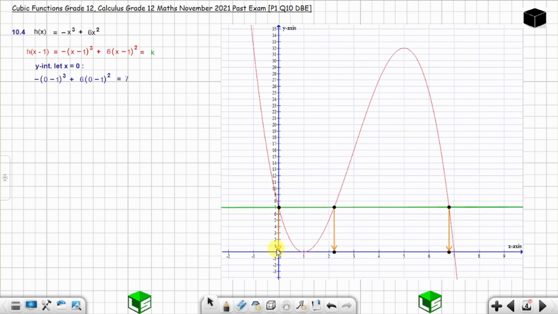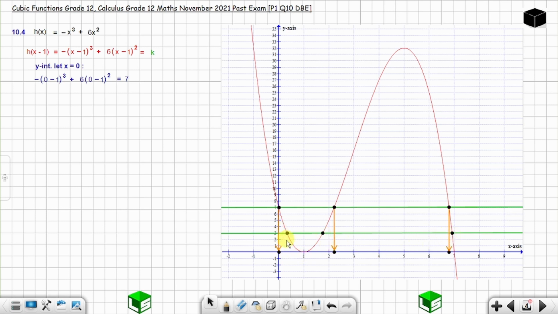Okay, so you can see when you test a value of k below 7, any value, 6, 5, 4, 3, you're going to get 3 positive distinct roots. For example, let's say k is equal to 3. The line is going to cut the graph at this point, and at this point, and at this point.